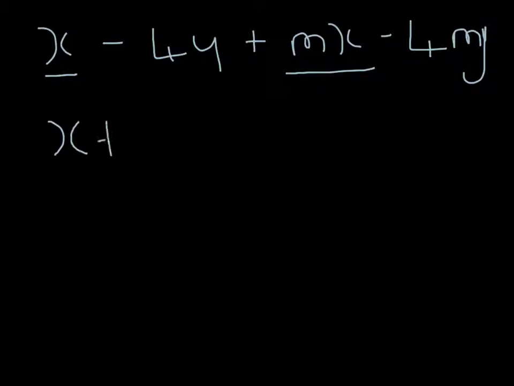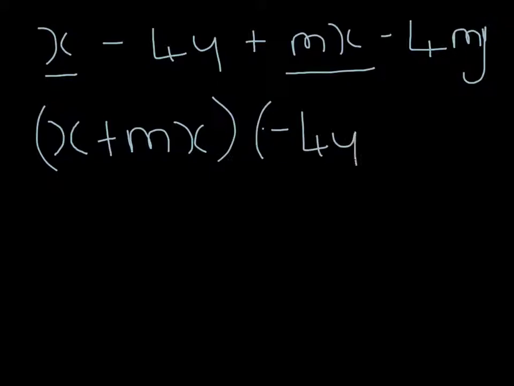I've got my x and my mx, and I'm going to factorise them together, and that leaves me with the minus 4y and the minus 4my that I've got to factorise separately. So I'm going to treat those as two separate factorisations and then bring them together at the end, and you'll see something magic happens.